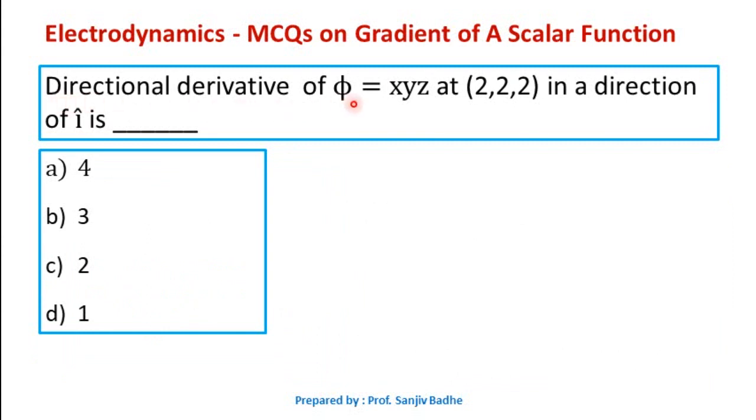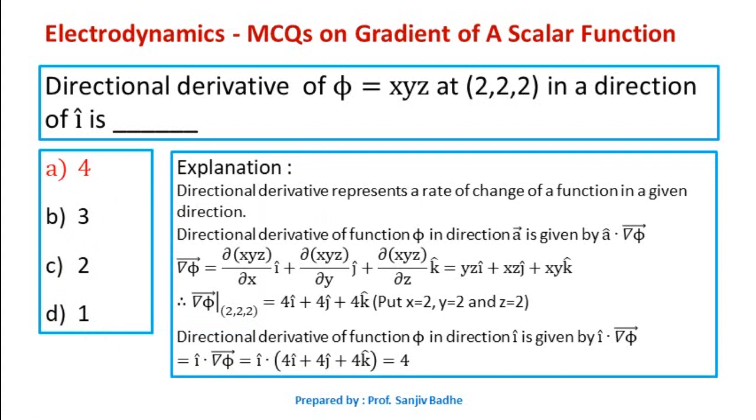Directional derivative of phi equal to xyz at point 2, 2, 2 in a direction of i cap is. The options are 4, 3, 2 and 1. Directional derivative represents a rate of change of function in a given direction.